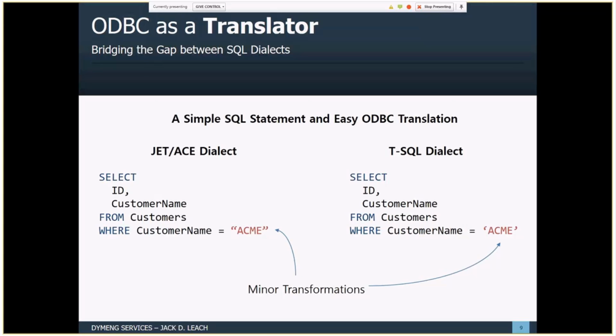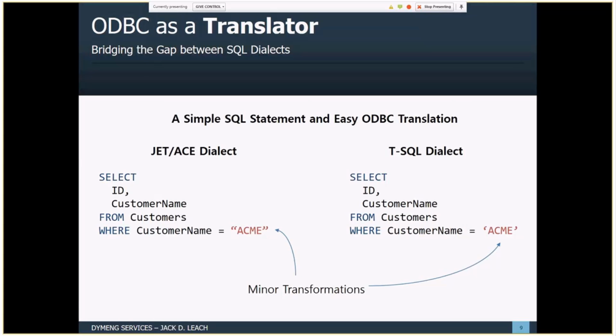So what we have up here on the screen right now is a very simple SQL statement. It's a very easy ODBC translation. On the left side, we can see the Access dialect that we're using, which should be pretty familiar to most people. And on the right side, we can see the SQL Server dialect, which is almost identical, except SQL Server typically needs to use a single quote instead of a double quote.